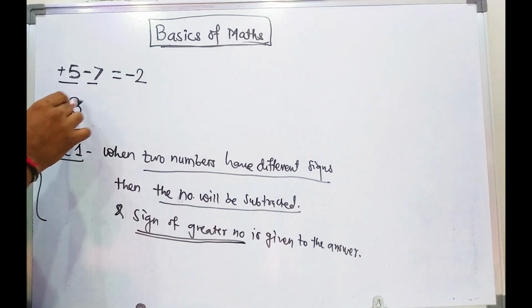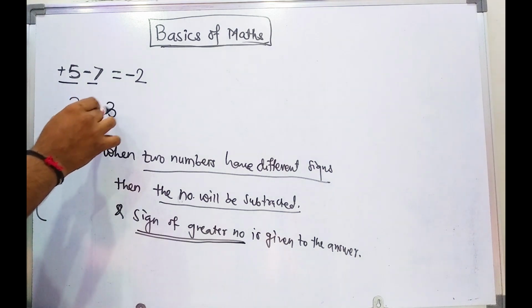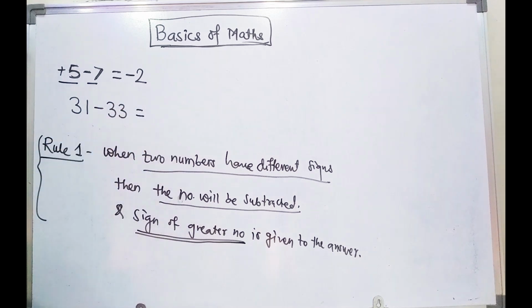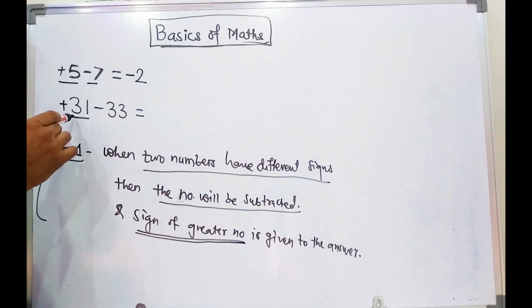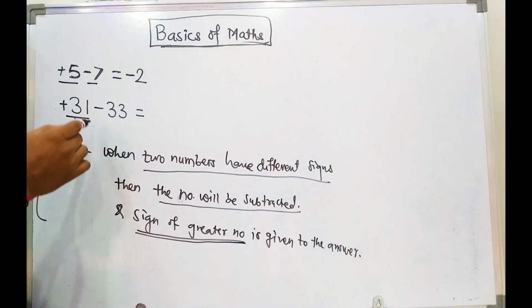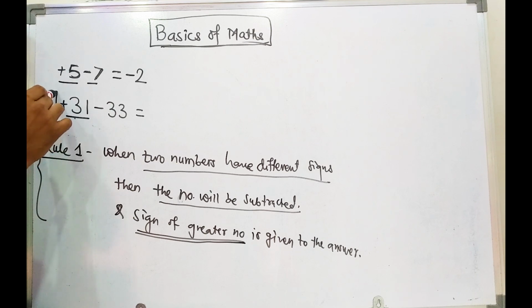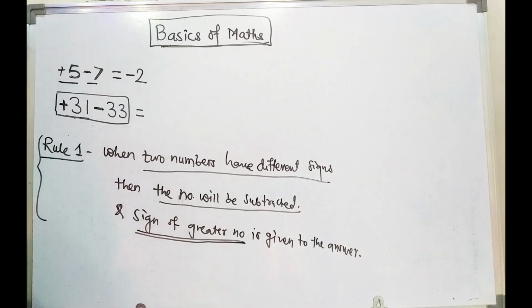Let us take one more example, 31 minus 33. Now here 31, the sign is not given, means the sign is plus. Plus 31 minus 33. That means the two numbers have opposite signs, plus and minus.